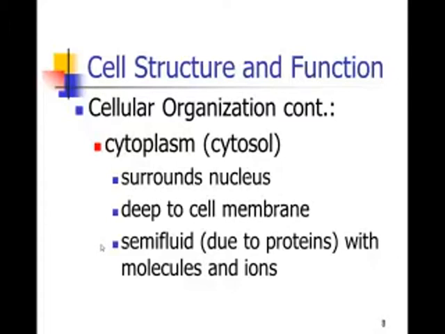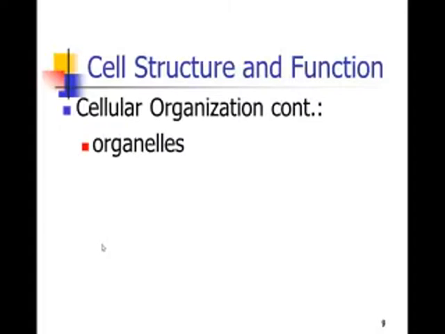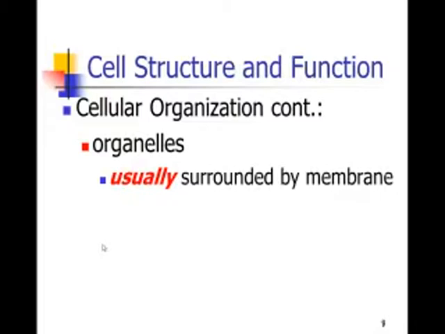The proteins make it a little bit less fluid, and it has the organelles. And the organelles occur in two different groups. Organelles are usually surrounded by membranes, but not all of them. Again, you'll see more and learn more about the organelles with that supplemental lecture and Camtasia that's on Blackboard.